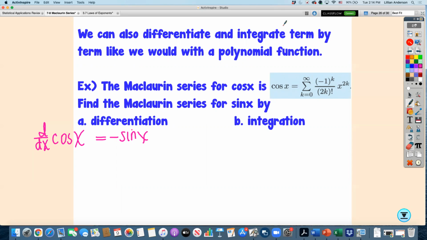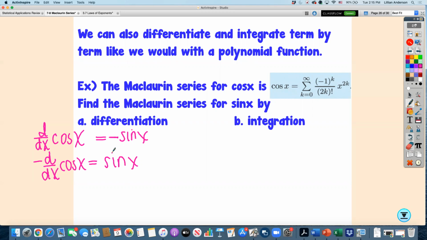Since we are trying to find the series for sine x through differentiation, we essentially need to solve for sine x here. So since the derivative of cosine is a negative sine x, I can rewrite this as negative d over dx cosine x is equal to a positive sine x. Remember, one of the notations for derivative is d over dx.